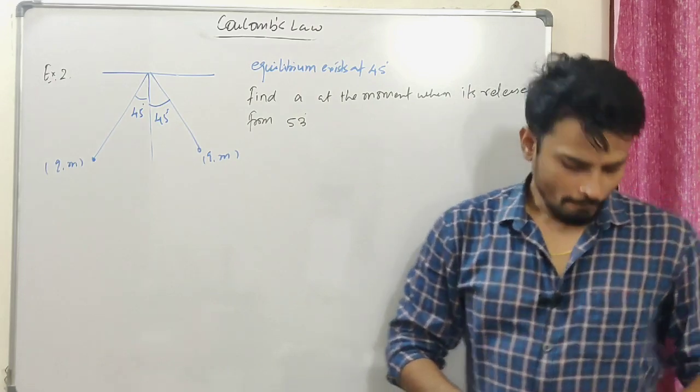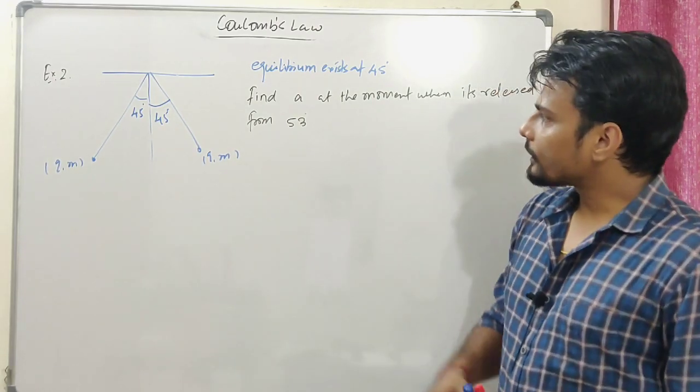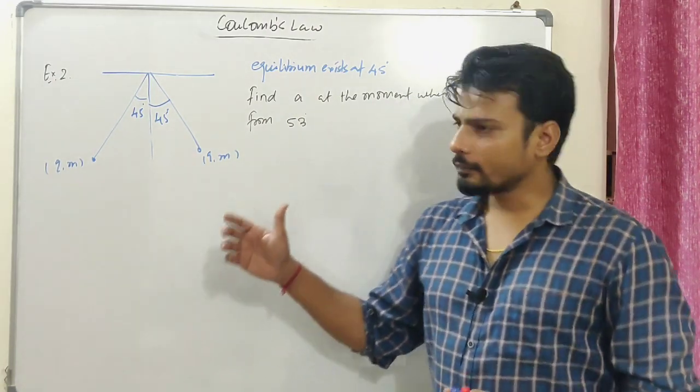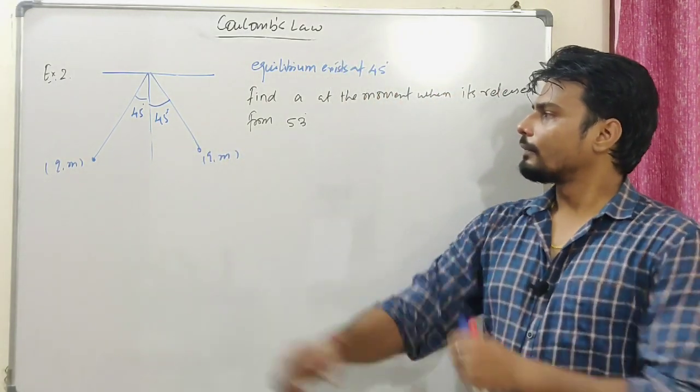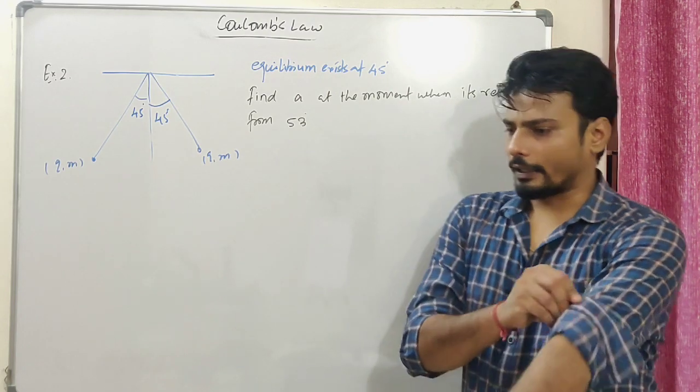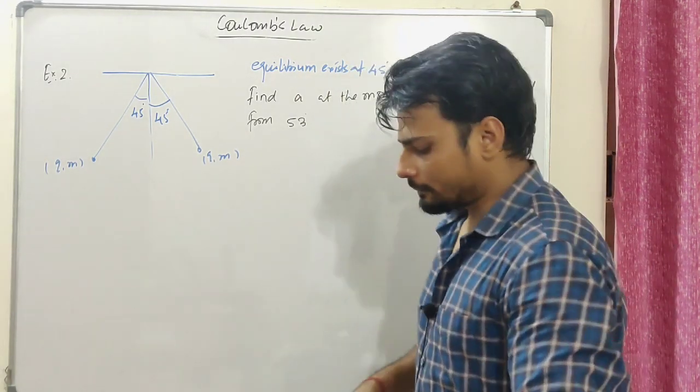Fair enough? Okay, so as you can see, this question is in two parts. One, the equilibrium conditions, and the next is finding the acceleration when it is released at certain angle. So let's see how we're going to do it.